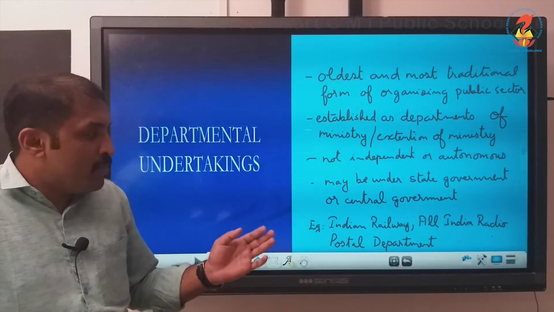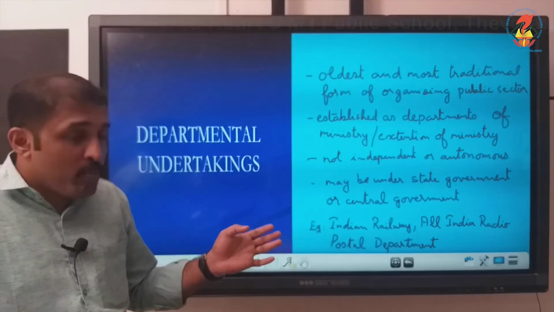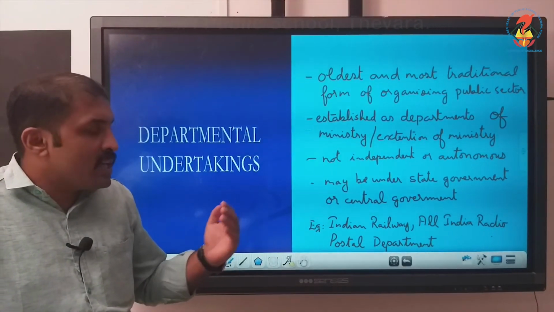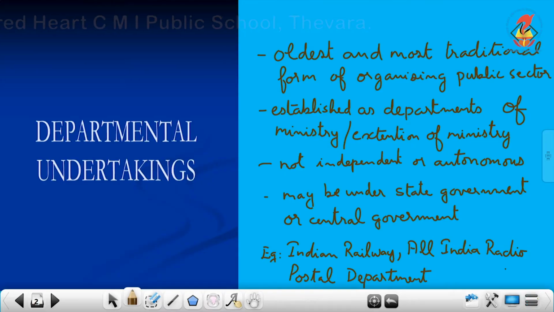Public Works Department, Indian Railway, All India Radio, Postal Department, all these are examples of departmental undertakings. So departmental undertaking is established as a department under a ministry. It is a part of a ministry, an extension of a ministry, formed as a separate department under that. That is why it is called departmental undertaking.